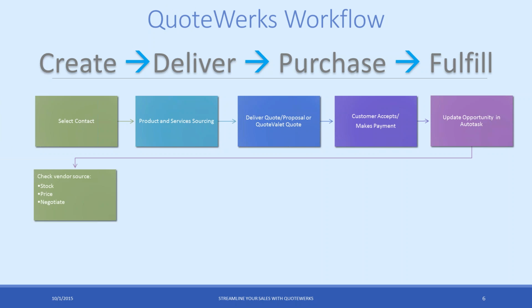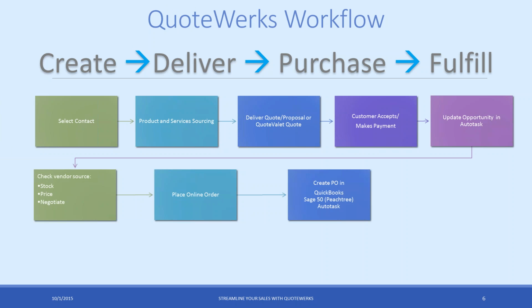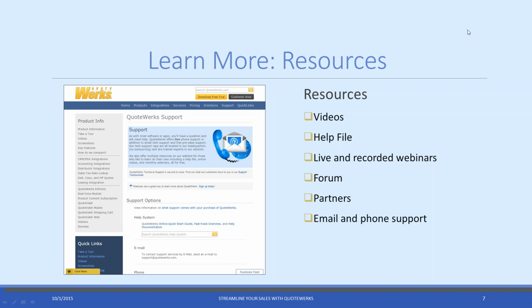When the opportunity is updated, you'll then be able to place the order directly from QuoteWerks if you want. Or if you just want us to create a PO in QuickBooks or Sage 50 or another system, we'll be able to do that also. We'll also provide you tracking information, all the way from, if you're doing it through the online merchants, we'll actually be able to see the order status of those particular items.